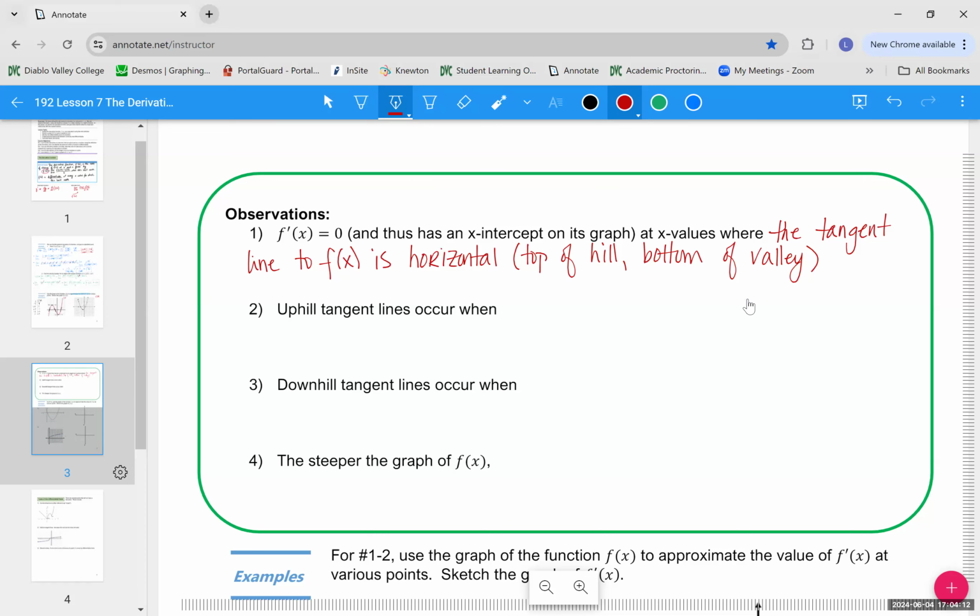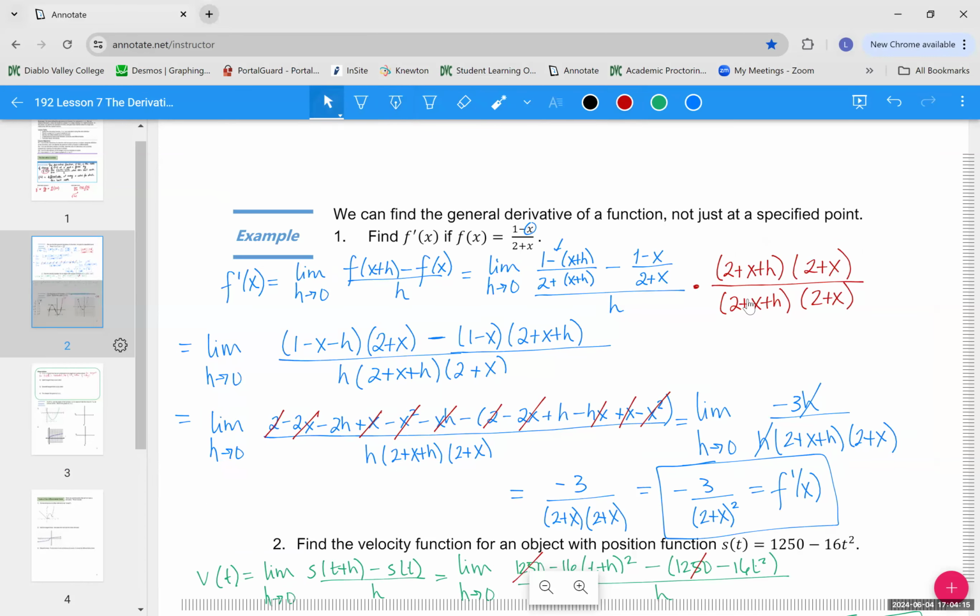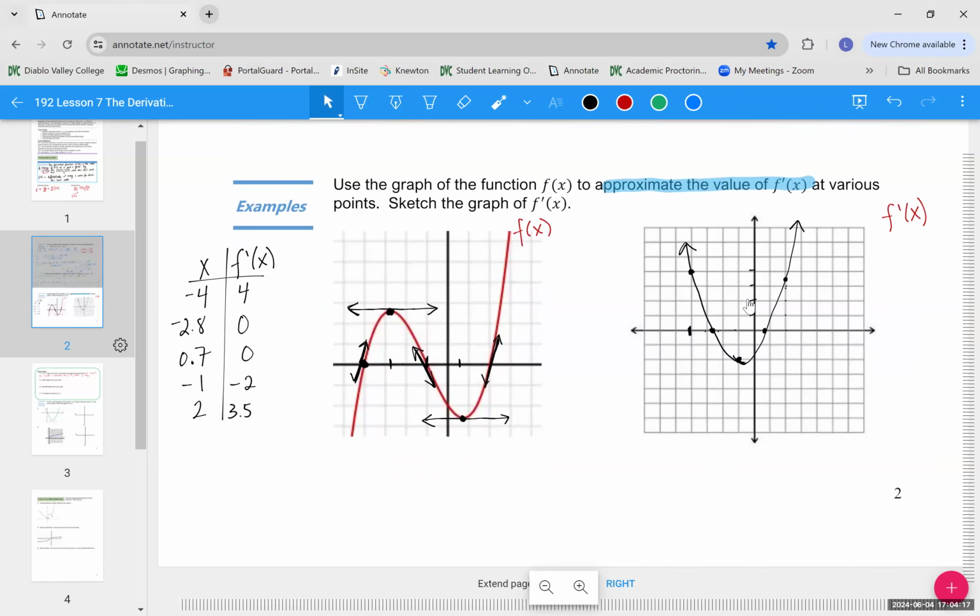Okay, and then if we think about uphill tangent lines, we had 2 places in our picture. All of this area here is going to have an uphill tangent line. These are going to be downhill tangent lines. And then uphill. What do you notice in the 2 uphill areas? What is this function doing? It's increasing, right? It's getting bigger.